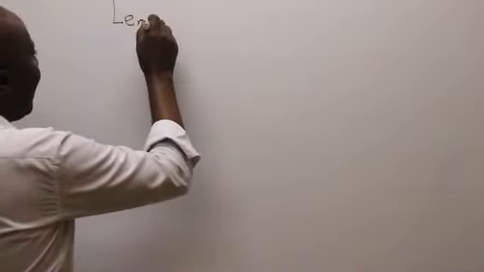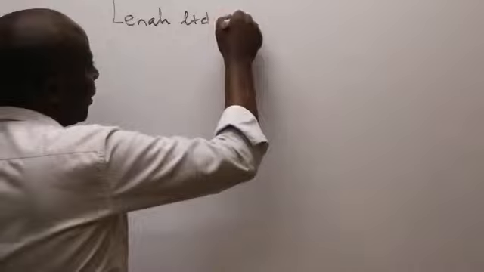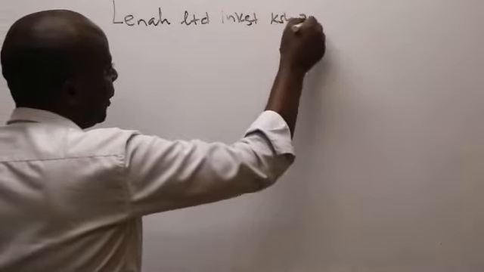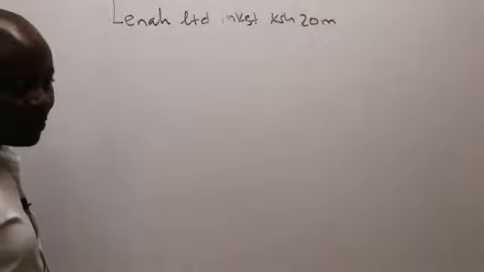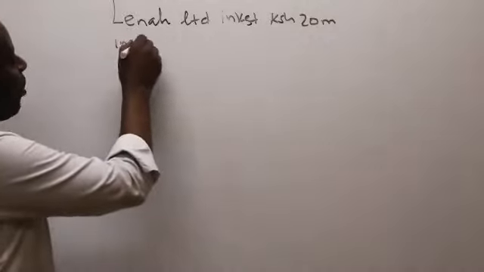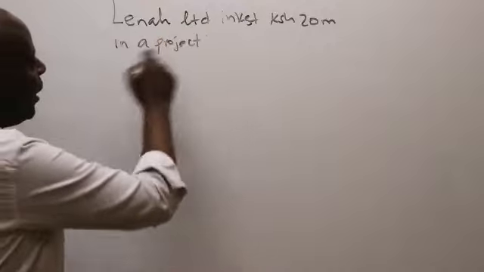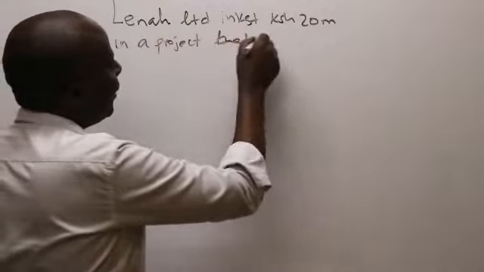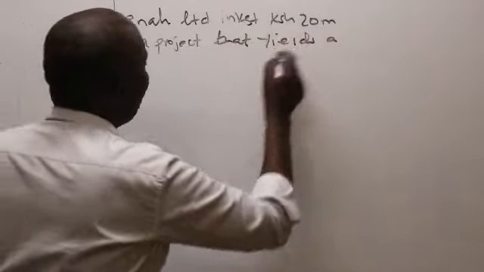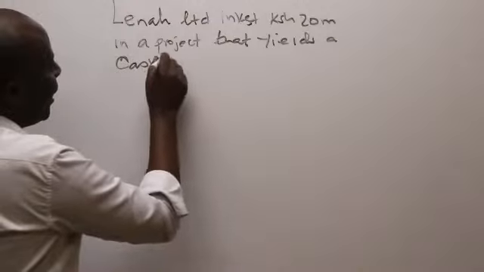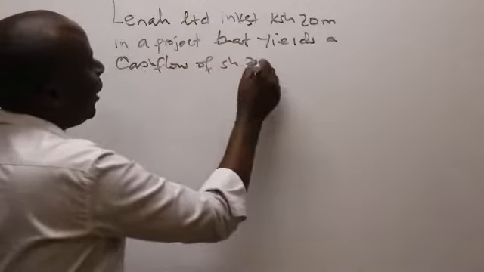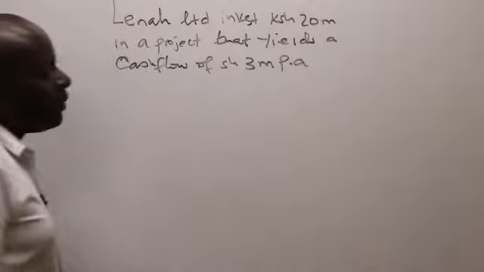Here we have an example about Lena Limited. Lena Limited invests Kenya shillings 20 million in a project that yields a cash flow of shillings 3 million per annum.